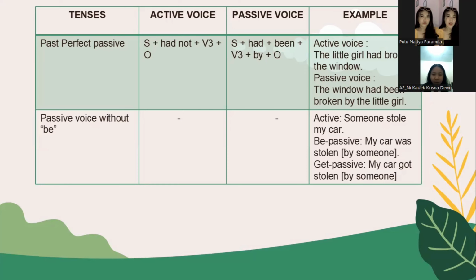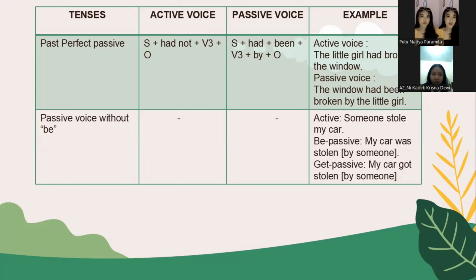The pattern for passive voice is subject plus had plus been plus verb 3 plus by plus object. For the example, active voice: the little girl had broken the window. For the passive voice: the window had been broken by the little girl.